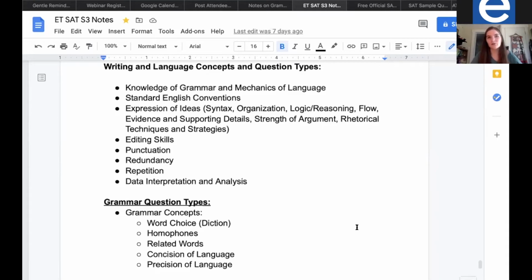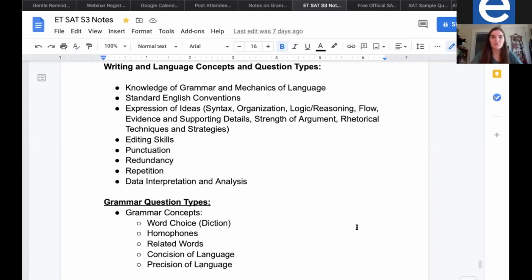Are the choices you're making as an author or writer applicable? Are they helping you convey your ideas, or are they hindering what you're doing because of how you're saying things? That has to do with style as well as the techniques that you're using.